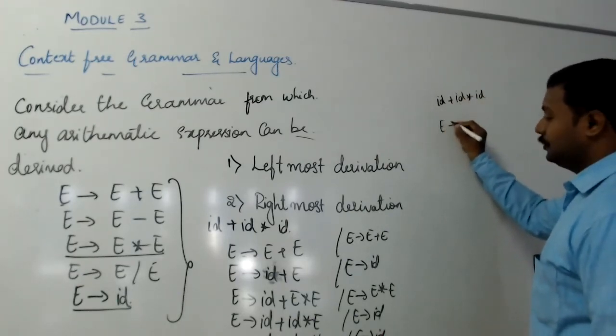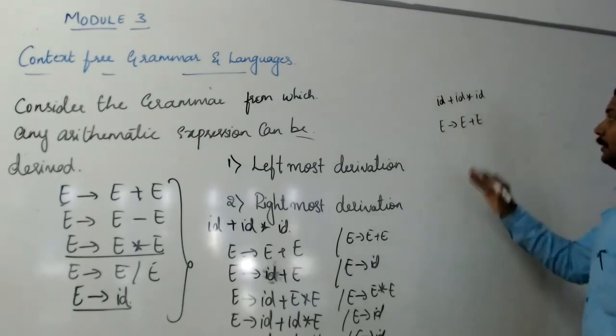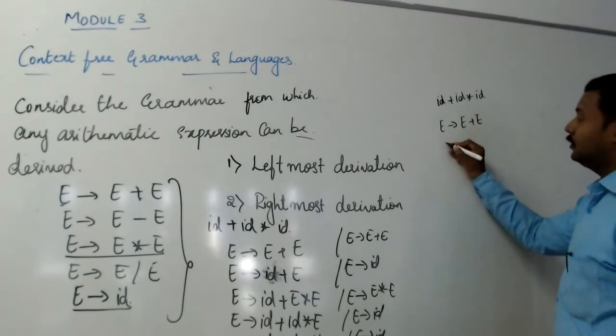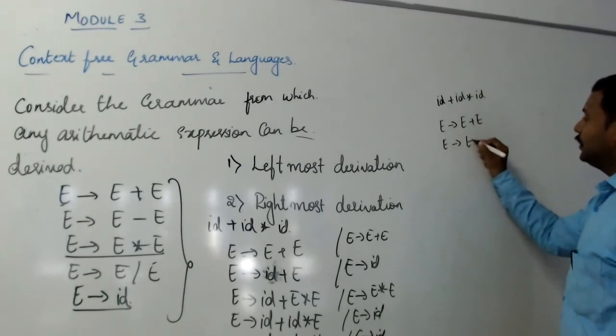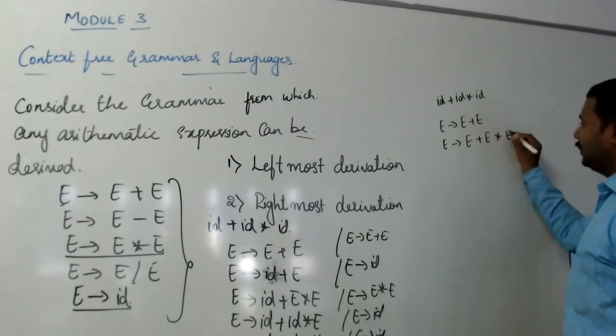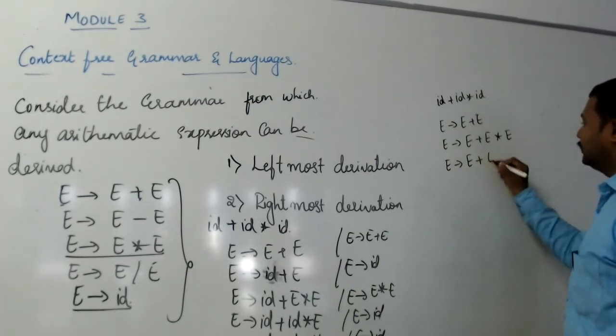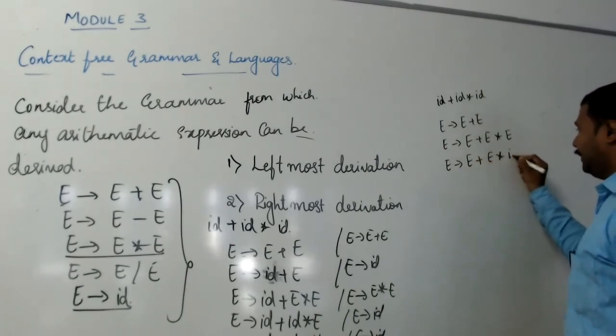E tends to E plus E, and this should be derived from the rightmost, so the derivation should proceed from this side. So E tends to E plus E star E. Then E tends to E plus E star id.